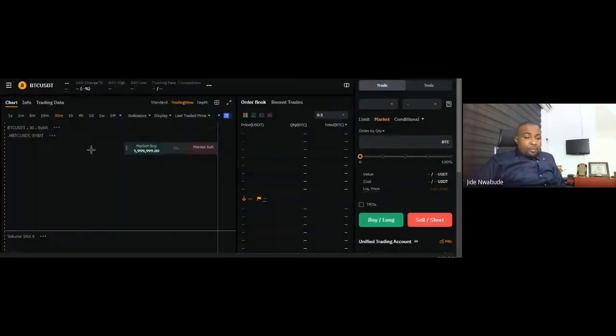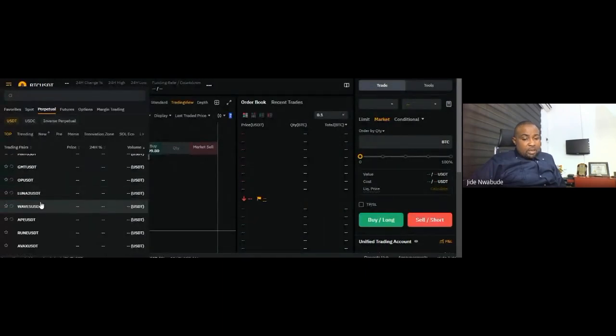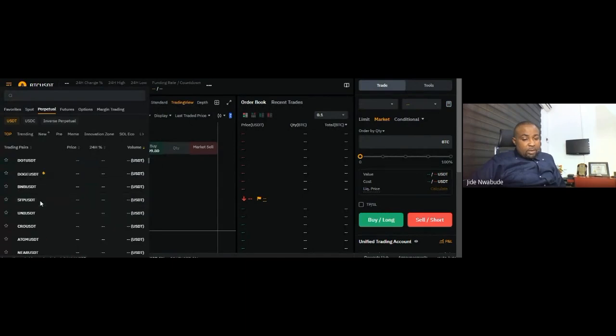Okay. So here you can choose the pair you are trading. Of course, I can use BTC USDT or USDC to trade. So I have BTC USDT, Ethereum USDT, and you can cross your pair. You can trade with any other cross pairs, right?